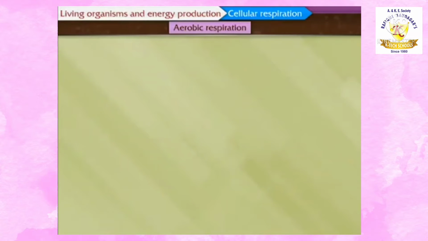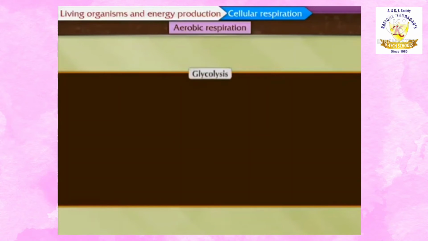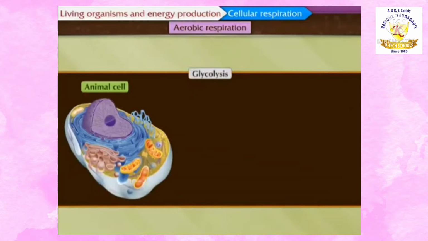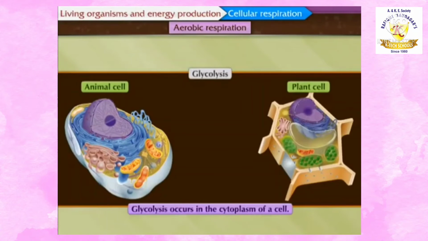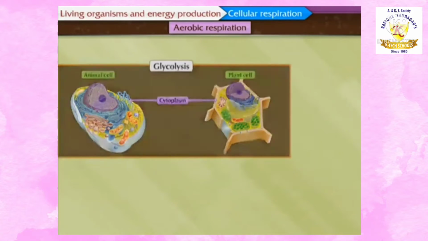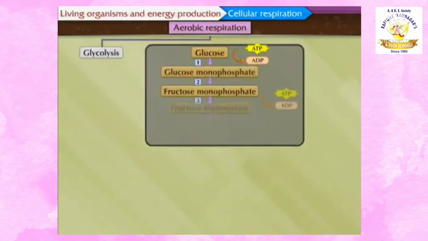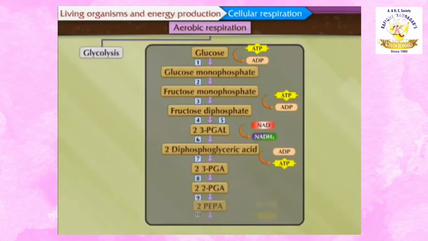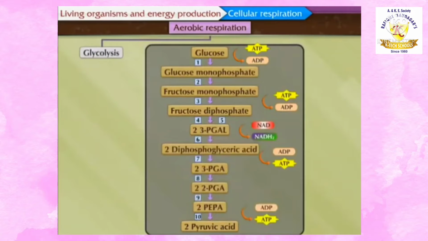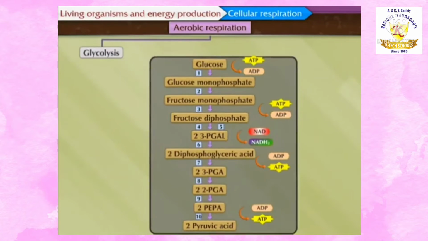Let us first learn glycolysis. Process of glycolysis occurs in the cytoplasm of a cell. A molecule of glucose is oxidized step by step in this process, and in total there are 10 steps.